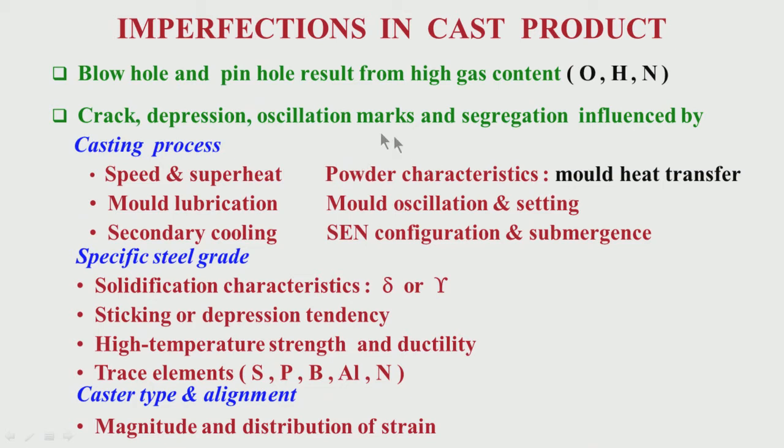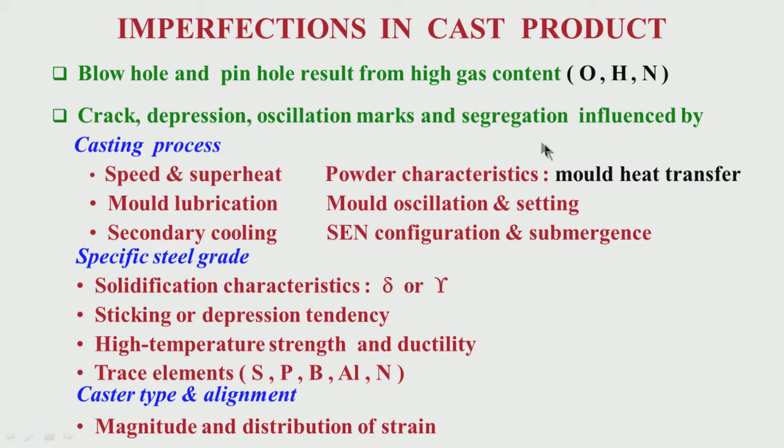These days mostly powder is used as the lubricant, and powder characteristics means what do you have in the powder: how much of CaO, how much of SiO2, how much of alumina, how much of calcium fluoride, how much of sodium oxide.